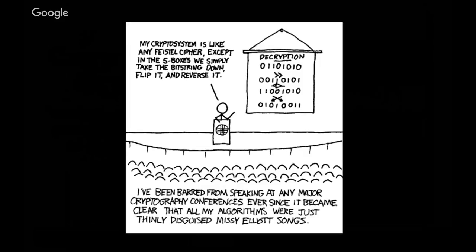I want to start out with this comic. This little stick figure is presenting an encryption algorithm to the audience, and he's saying, "My crypto system is like any Feistel cipher, except in the 5 boxes, we simply take the bit string down, flip it, and reverse it." And the caption is, "I've been barred from speaking at any major cryptography conferences ever since it became clear that all my algorithms were just thinly disguised Missy Elliott songs."